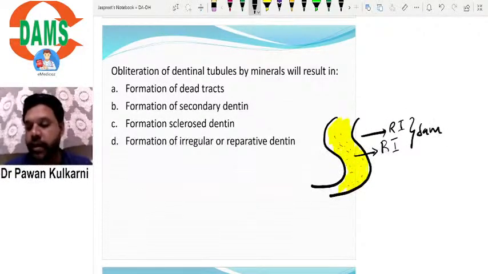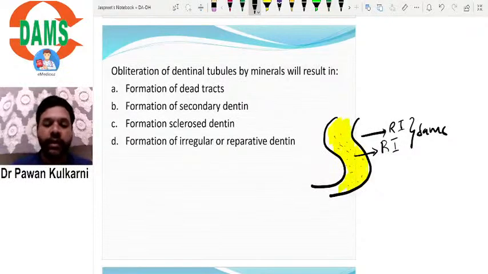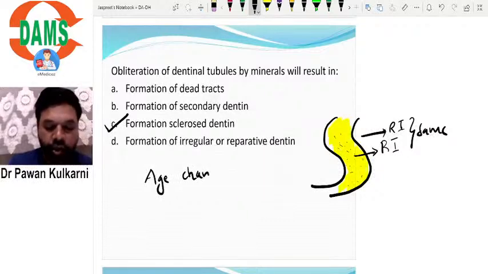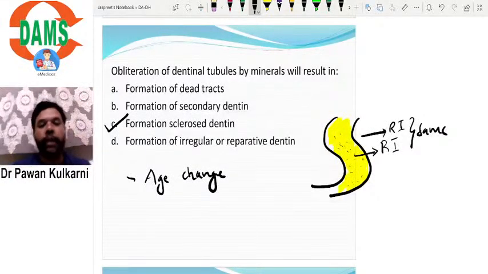Such a dentine is called transparent or sclerotic dentine. Transparent or sclerotic dentine is an age change. Please remember, it occurs with age. The dentinal tubules are filled with minerals, hence the refractive index becomes the same, hence the dentine becomes transparent or translucent.